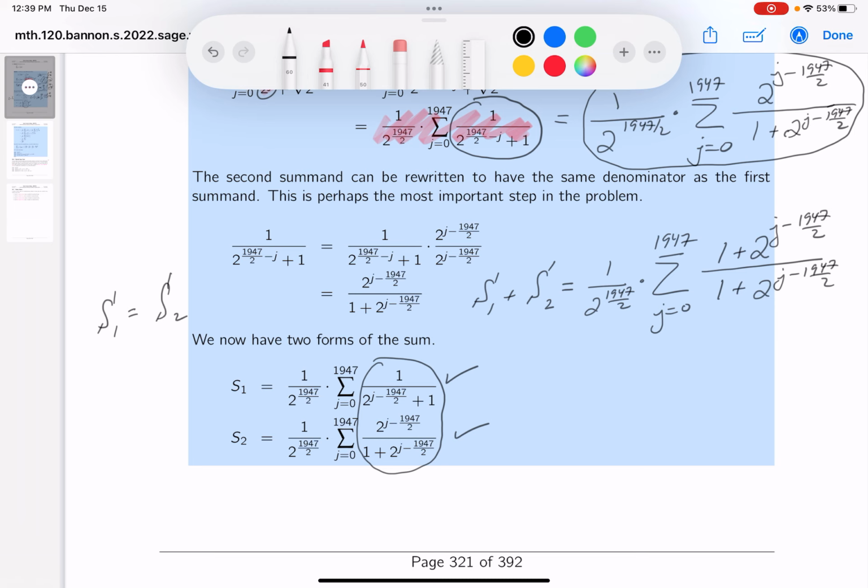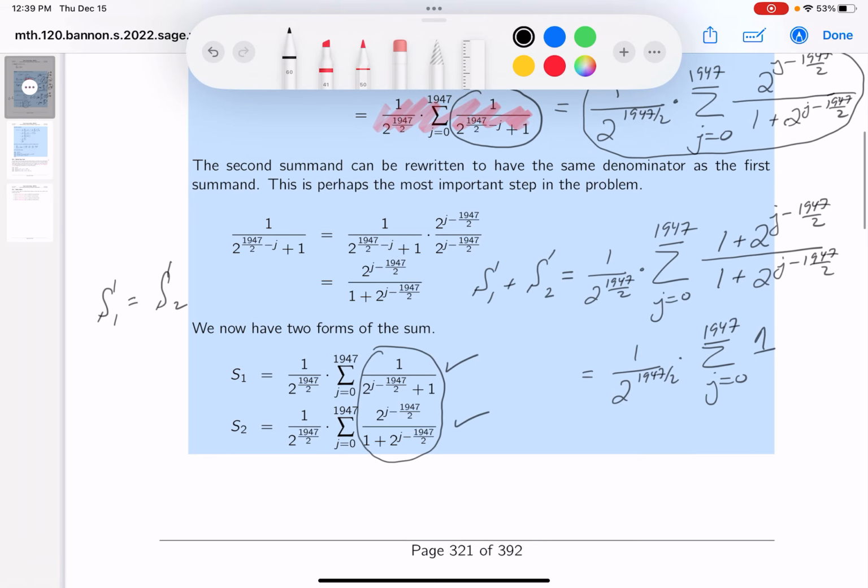What do you get here, though? You get 1 over 2 to the 1947 over 2 times the sum, j equals 0 to 1947. And lo and behold, this just reduces to the number 1. So what do I have?